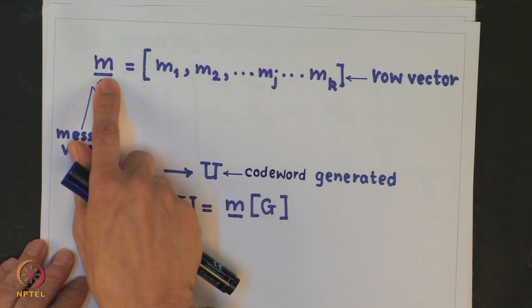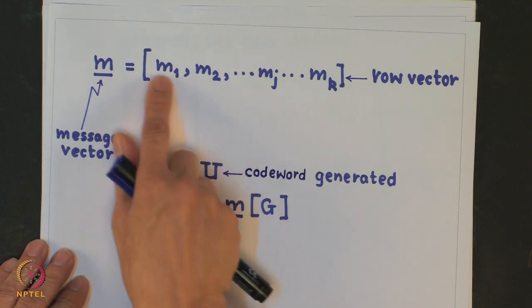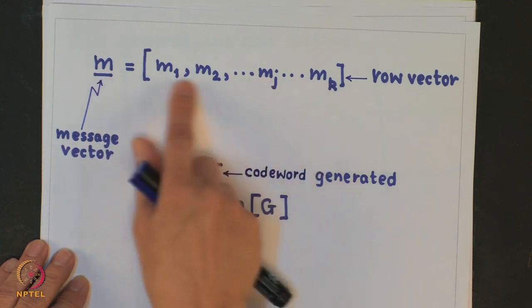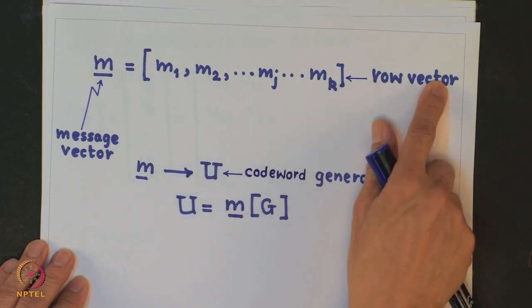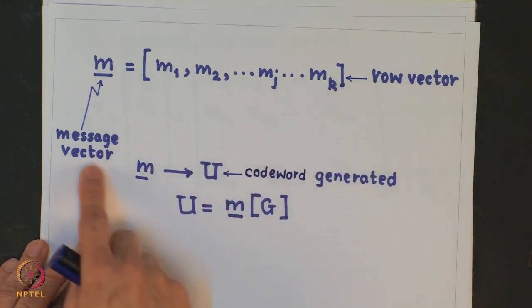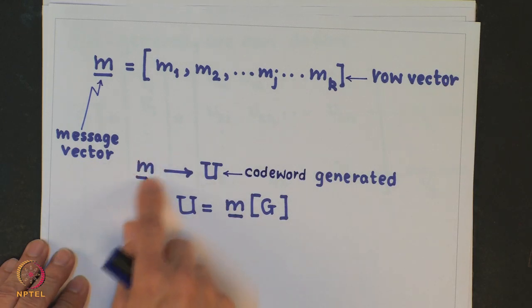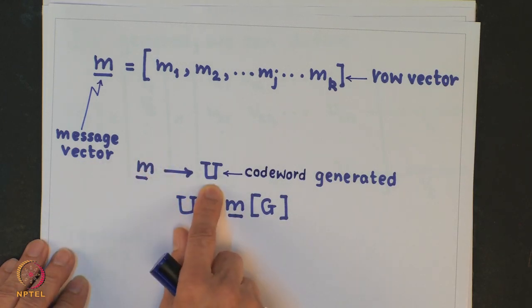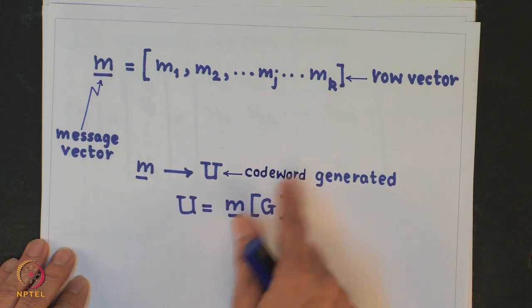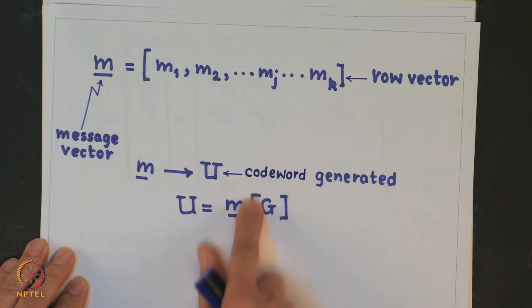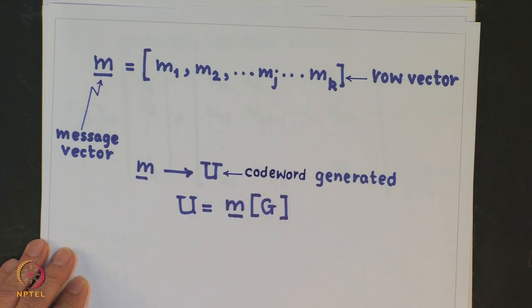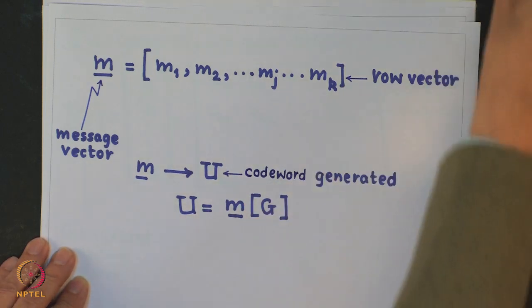So, message vectors are the message bits M1 to Mk, it is a row vector, and the corresponding code vector or code word generated by the encoder is denoted as u. So, that u would be equal to this row vector multiplied by the generator matrix.